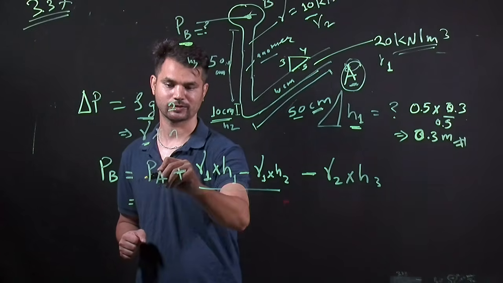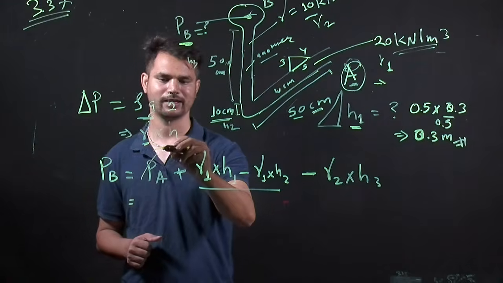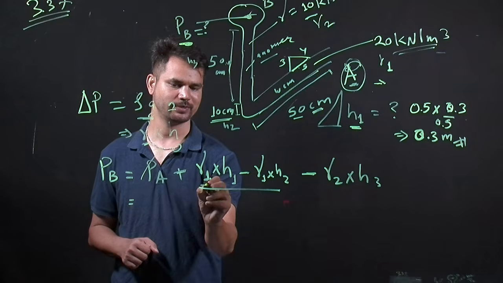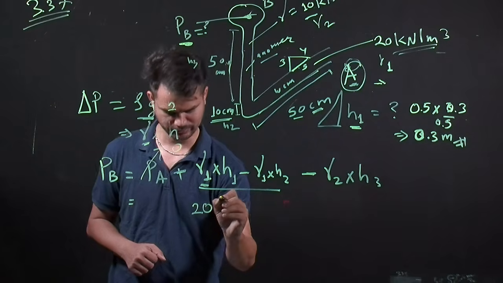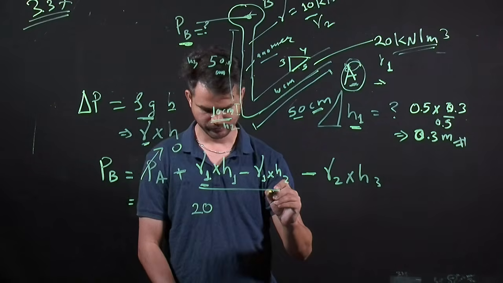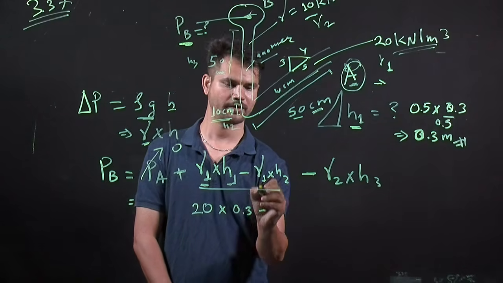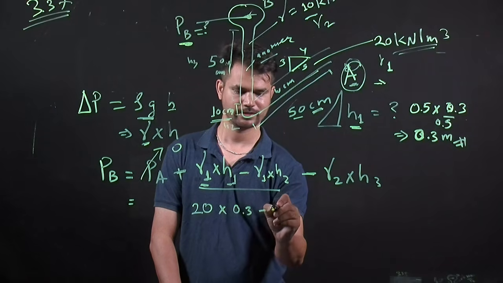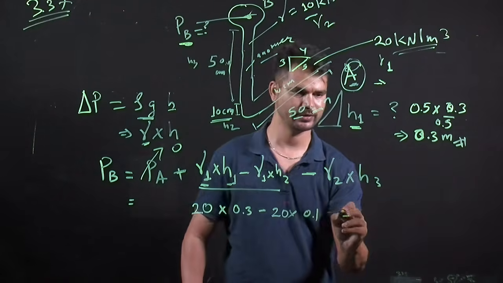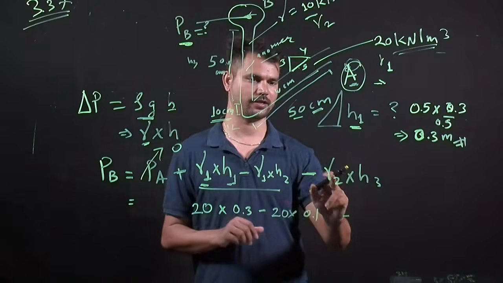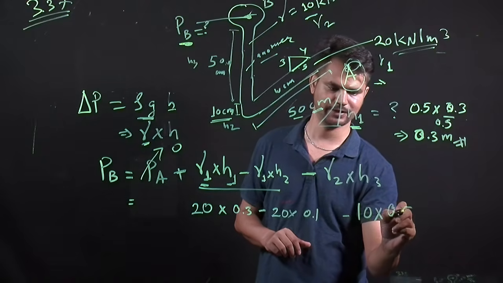Pressure A, since it is exposed to air, we can consider as 0, and we know the specific weight of this column, it's 20 kilonewton. 20 kilonewton into h, which we just computed as 0.3, and for this small part it's 0.1, and when we go up, then this specific weight is 10 into S3, which is 0.5.